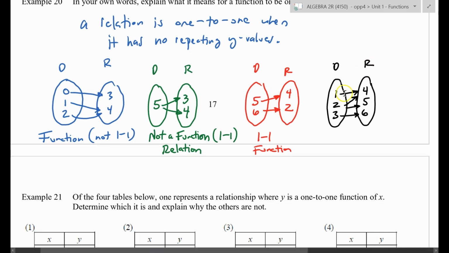What does 1 map to? 1 maps to 4. What does 2 map to? 2 maps to 4 and 5. What does 3 map to? 3 maps to 6. Does any of the domain values repeat? Which one? 2. Do any of the range values repeat? Which one? 4. This is not a function, and this is not one-to-one.